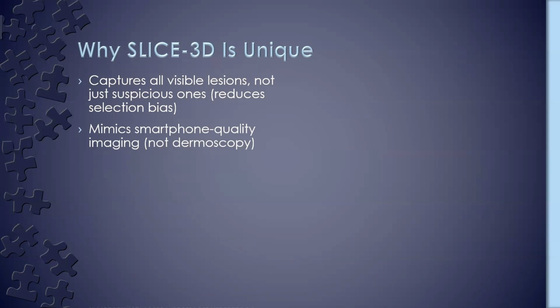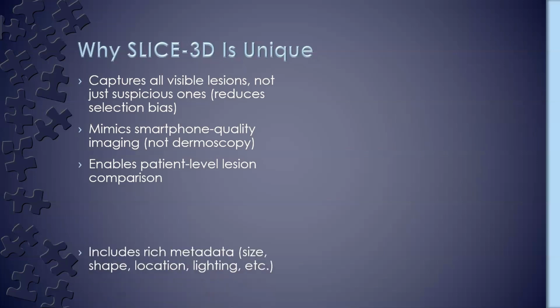like general practice. Another key feature is that multiple lesions from the same patient are included. This allows for intra-patient comparison, as doctors do with the ugly duckling sign, spotting the one mole that looks different from the others.